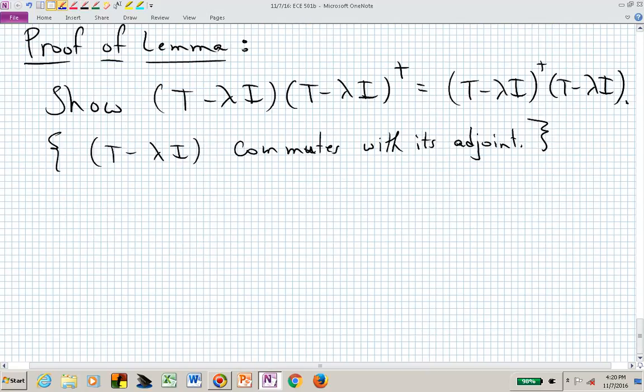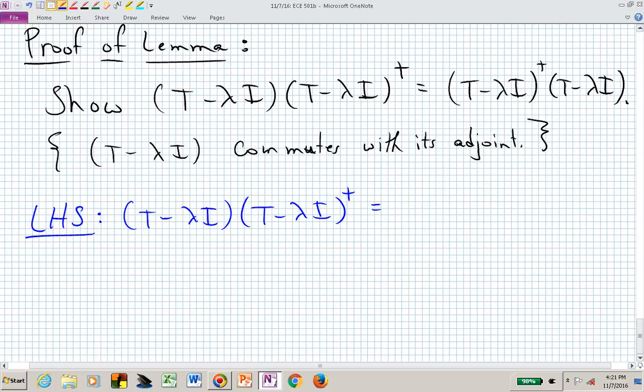If we look at the left-hand side, again, we're just playing with applying the adjoint to a succession of operators. T minus lambda I operating on T minus lambda I's adjoint. First, let's take the adjoint inside that second operator, and we have T minus lambda I. And what happens when we adjoint this scaled version of the identity?